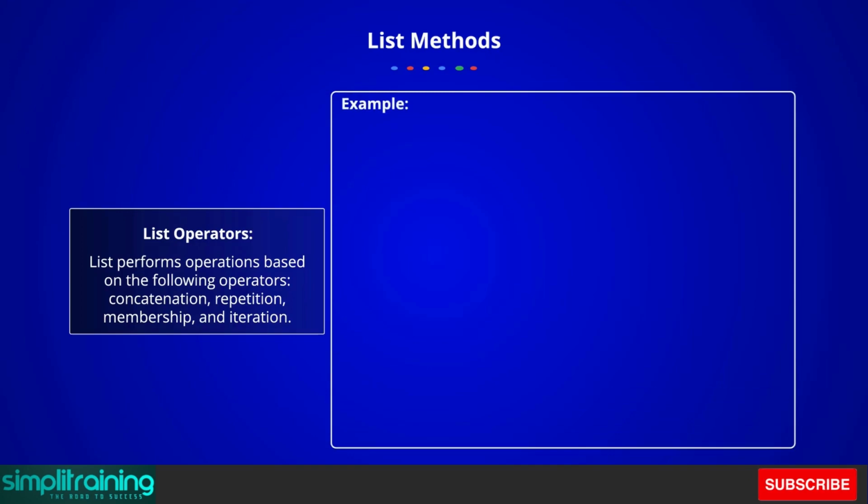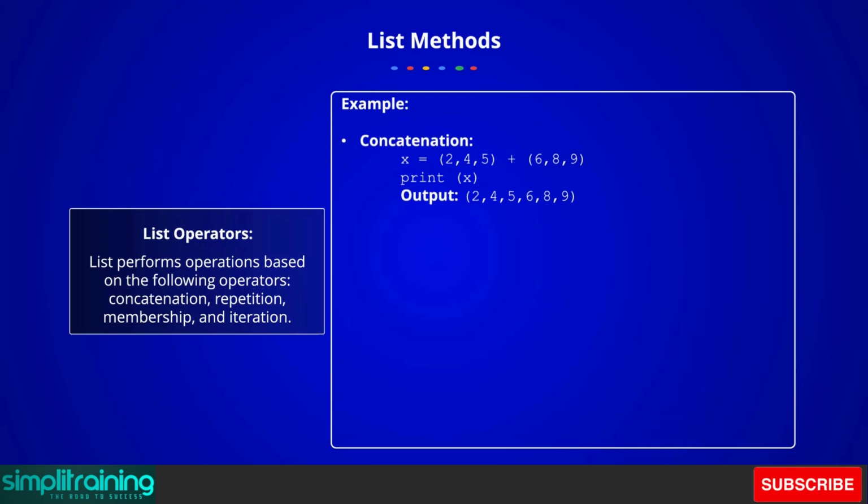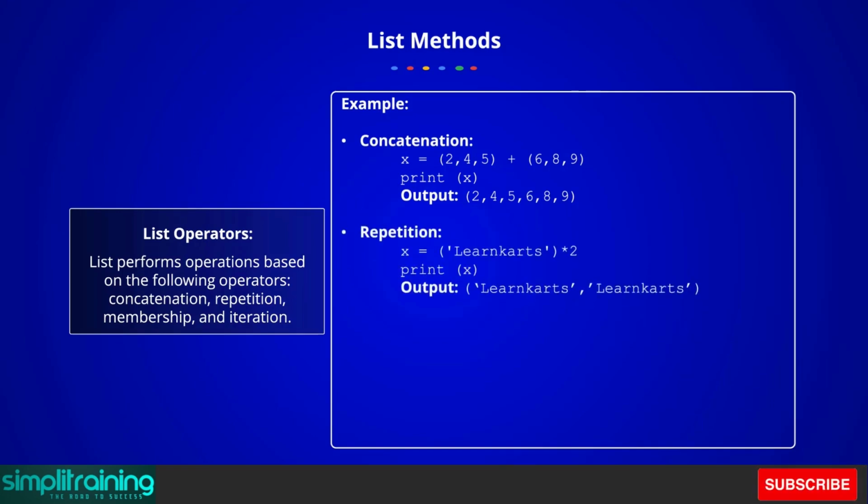For example, concatenation. Concatenating a list containing 2, 4, 5 with another list containing 6, 8, 9 would result in a single list with the values 2, 4, 5, 6, 8, 9. Repetition.